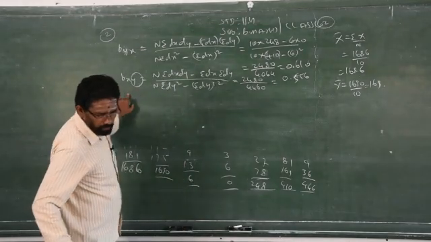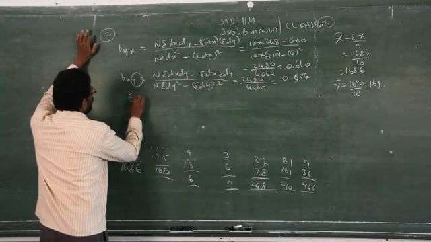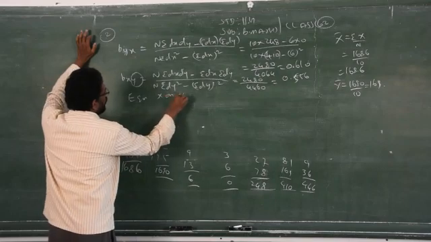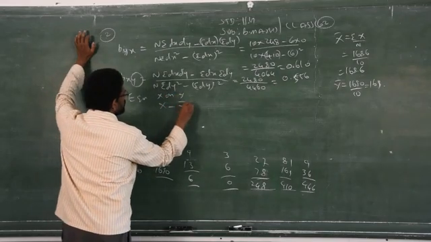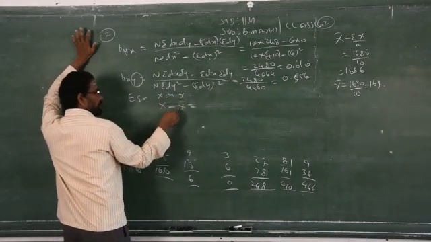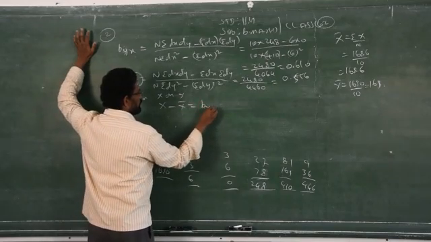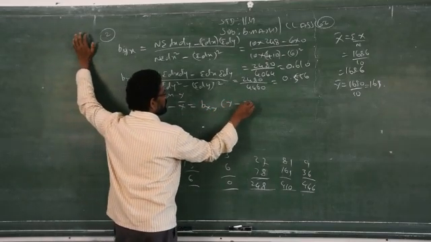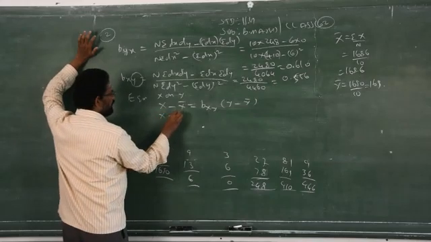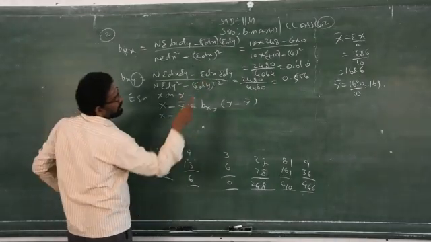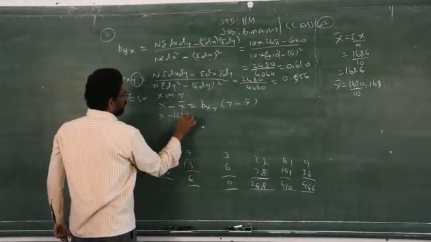So now you have to find out the equation x on y. Formula is x minus x bar is equal to bxy into y minus y bar. What is our x bar? x bar we found already, 168.6.